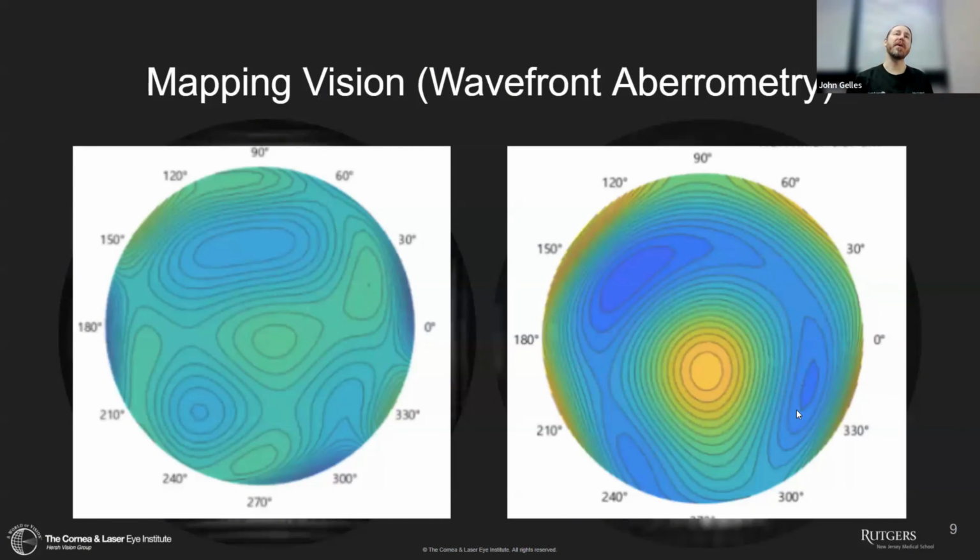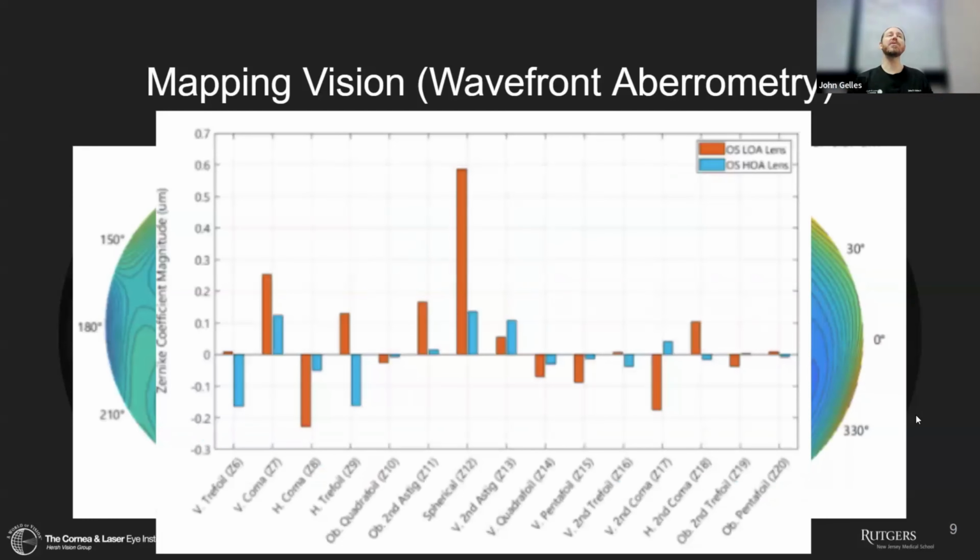And we can see that there are areas of increased deviation around it in the blue area. What we can also do is quantify the individual aberrations. Just like we were talking about coma or trefoil or spherical aberration, we can break those down too in the exact Zernike polynomials and measure the magnitude of those coefficients.